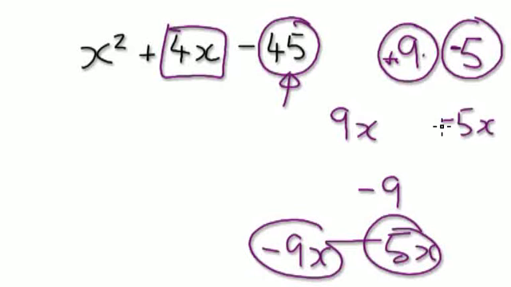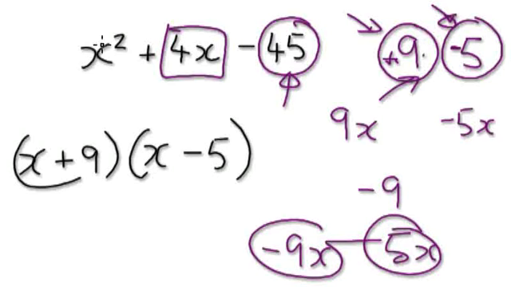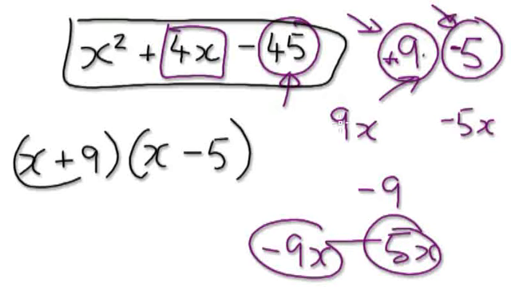So to factorize this, this has to be positive, this has to be negative. So factorizing this will give you x plus 9 and then x minus 5. Okay, so if you factorize this, it will give you this here.